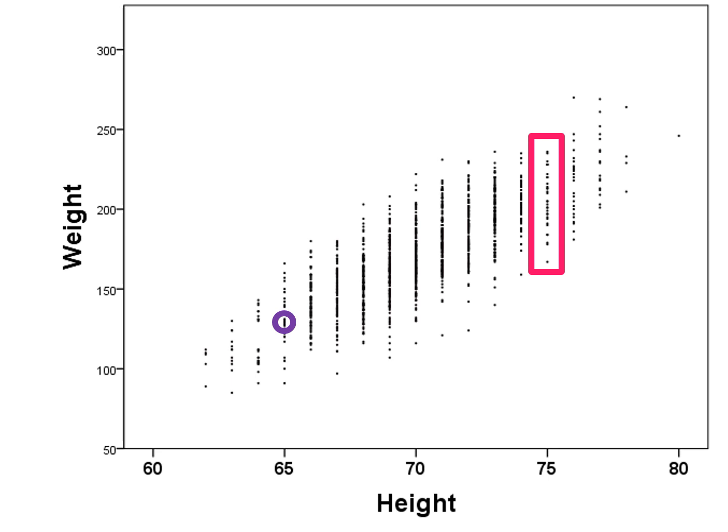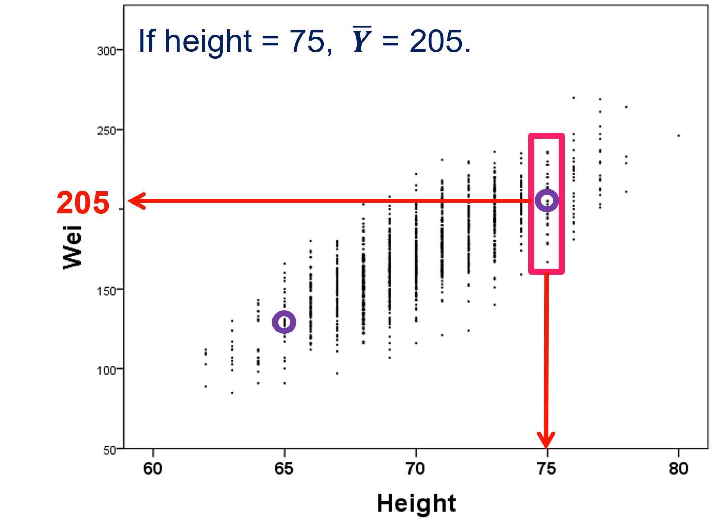This time we'll focus on this subgroup of men. These are men who are 75 inches tall. So these guys are around 6 feet 3 inches tall. This circle shows the mean weight of this subgroup. The mean weight for this subgroup is 205 pounds. We can summarize this information.